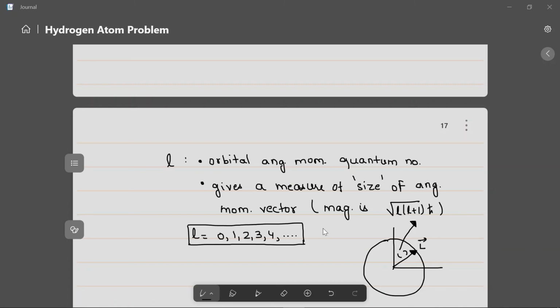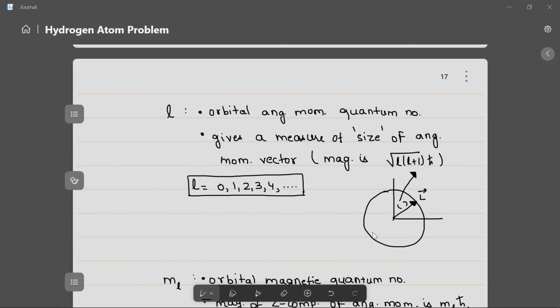So what does it do? In space, if you draw out your orbital angular momentum vector, square root of l(l plus 1) h cut will give you the magnitude of this vector. So it's in a way telling us what the magnitude of this orbital angular momentum vector is.